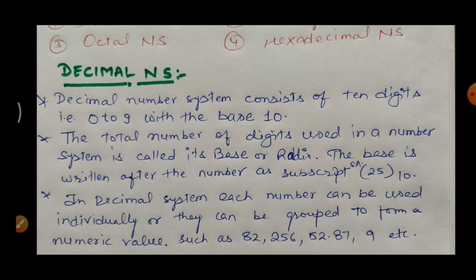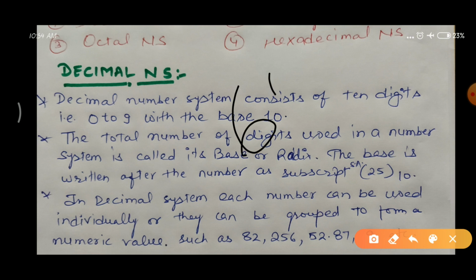Okay, so in the decimal number system there are only 10 digits we can use, meaning the range is of 10 digits from 0 to 9. That means whenever we construct or represent any decimal number, that number will be constructed by using these 10 digits from 0 to 9. Okay, for example, if we are writing the number 620.